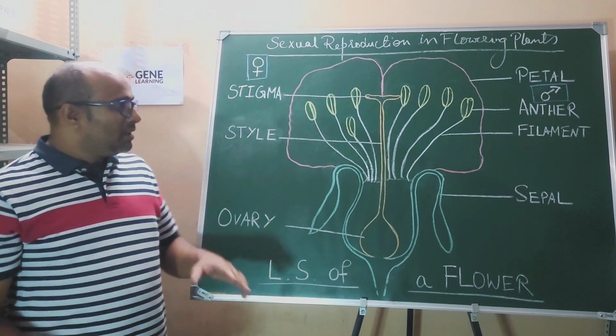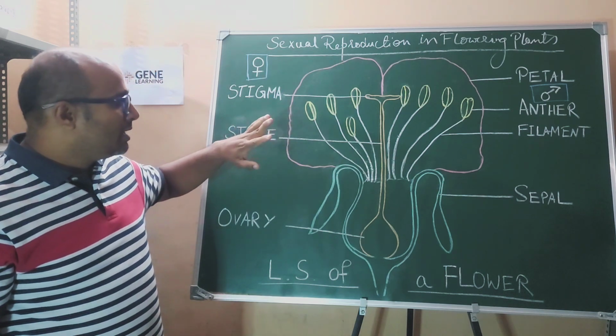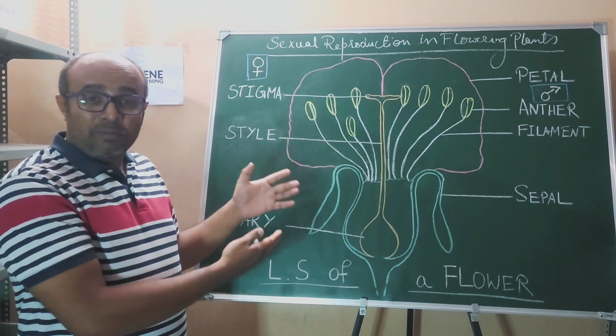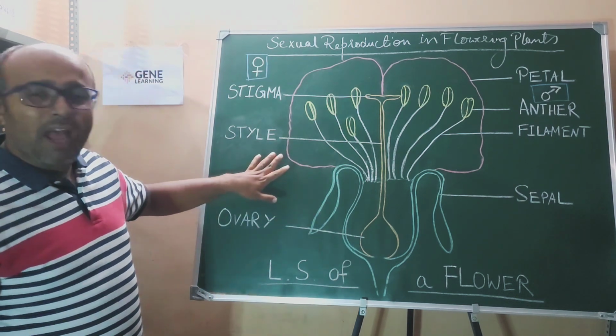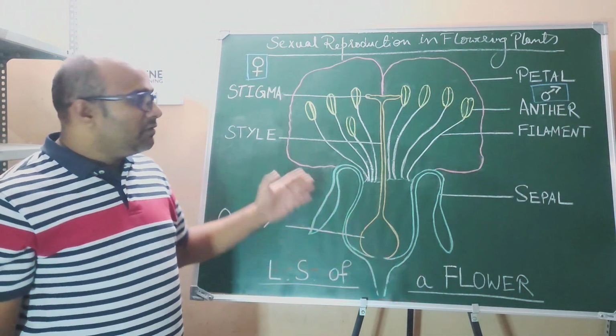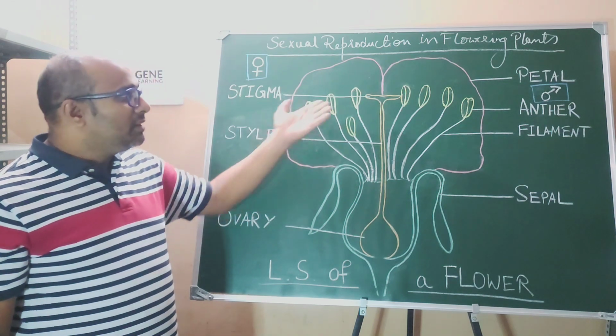Now, without any further delay, let us talk about the different reproductive parts and accessory parts of a flower. Here we have a diagram which is the LS of a flower. If you take a typical bisexual flower like this, we find different organs.